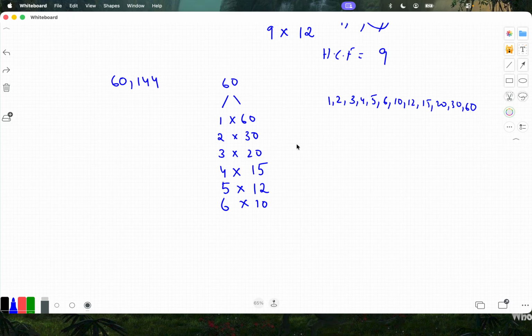So let's go for 144. 1 into 144, 2 into 72.